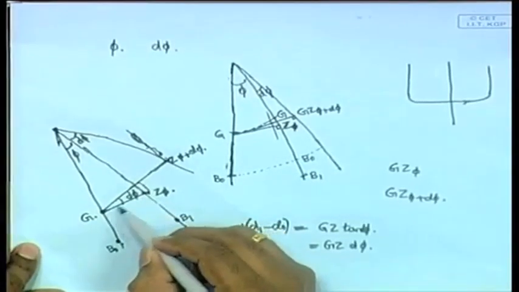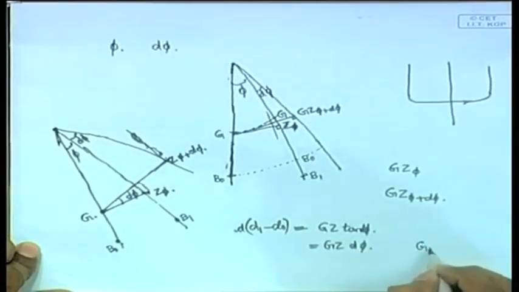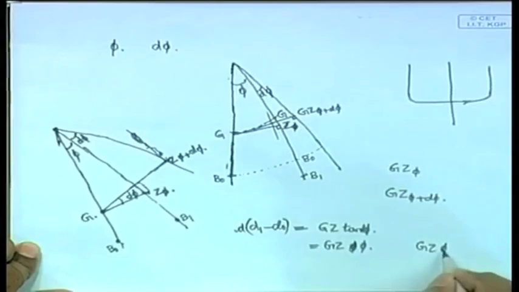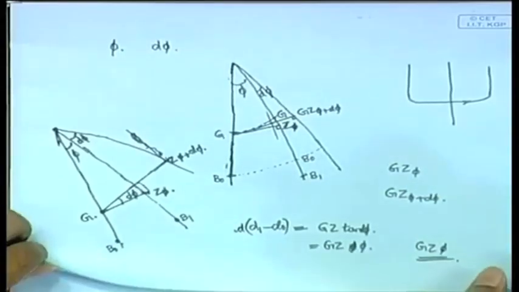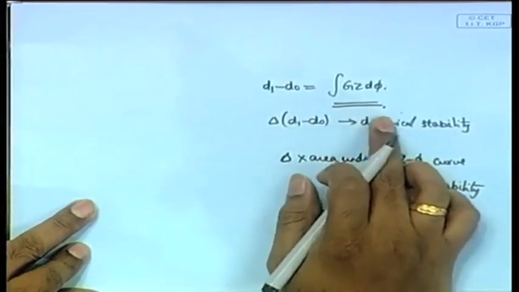This distance is equal to GZ tan phi, which can be written as GZ d phi. Basically GZ phi, let us remove the d phi and all that. So from that you get the expression that d0 minus d1 is equal to the integral of GZ d phi.